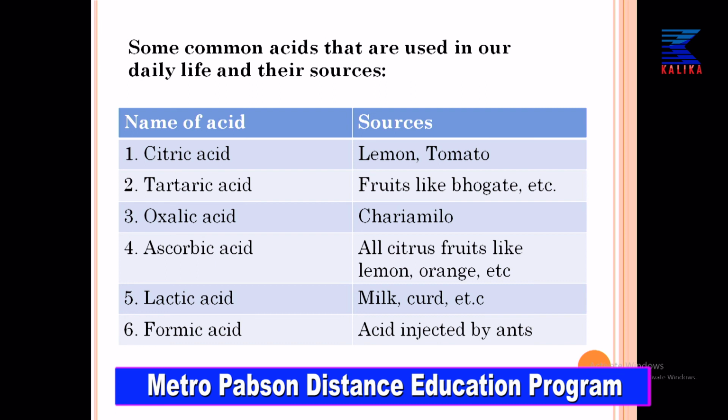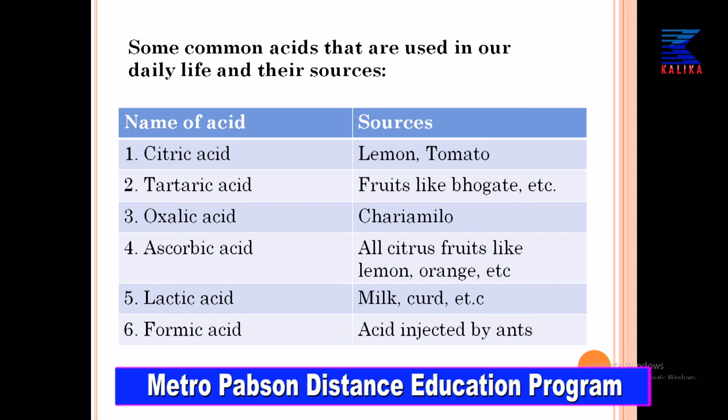Some common acids that are used in our daily life and their sources: citric acid is obtained from lemon, tomato and all types of citrus fruit. Tartaric acid is obtained from foods like bogate, which also falls under the category of citrus fruit.